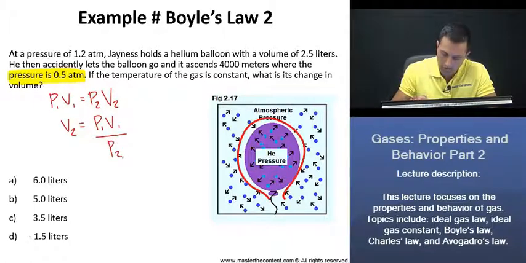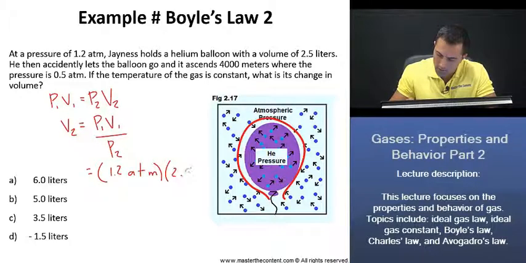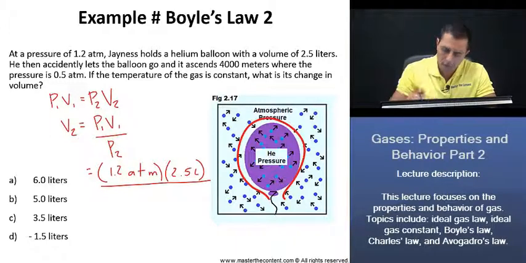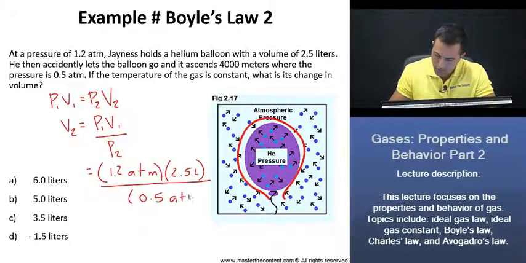Now, if we plug in our values, P1 was 1.2 atmospheres, and we're given the initial volume, which was 2.5 liters. Now, if we divide that by our P2, which was given to us as 0.5 atmospheres, we find that the final volume is going to be 6 liters.